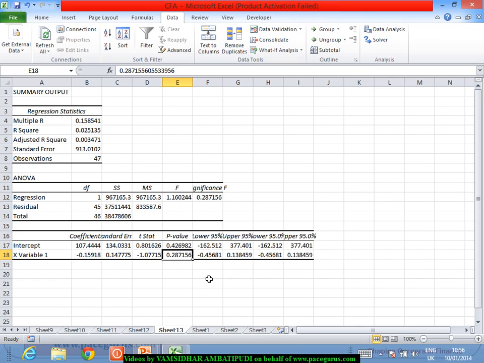So first differencing is a mechanism that helps you analyze data which already has a unit root and make predictions based on that data.